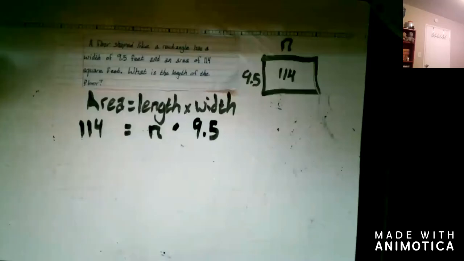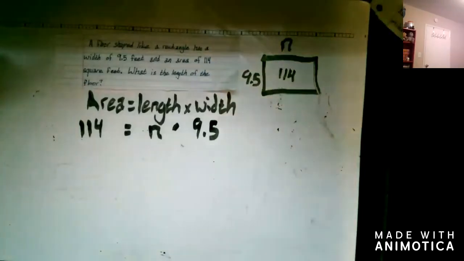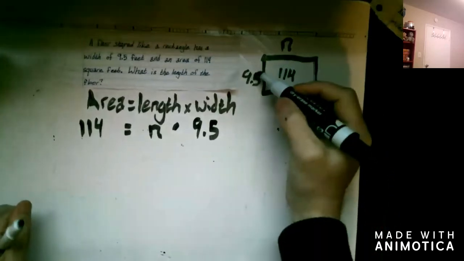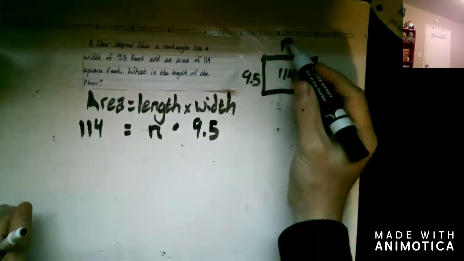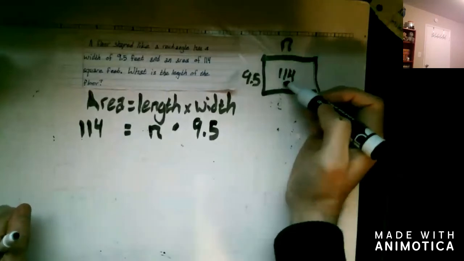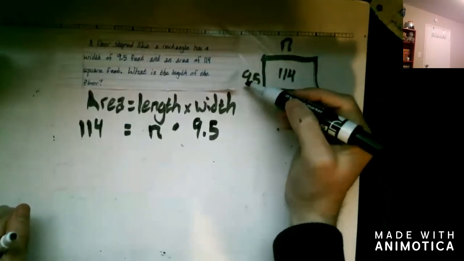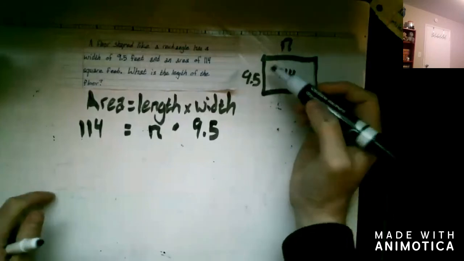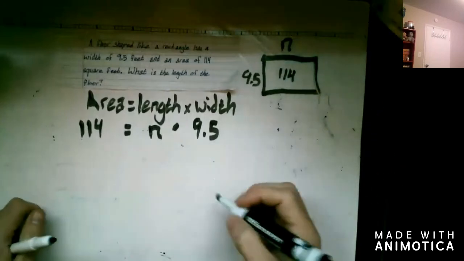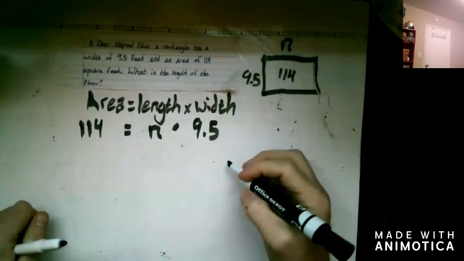The same way that addition and subtraction are connected, multiplication and division are connected. So if we know 9 5/10 times n equals 114, then we know 114 divided by 9 5/10 equals n. Now this is where we get to some of that advanced 5th grade math.